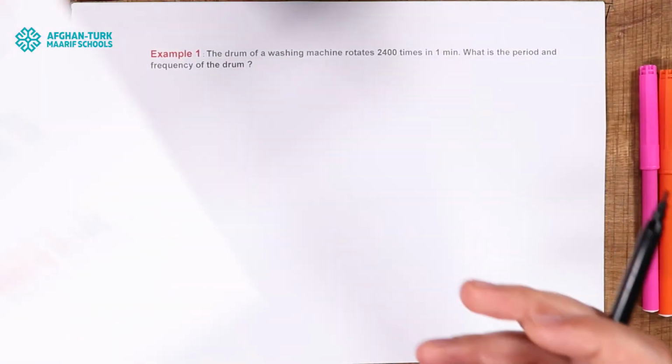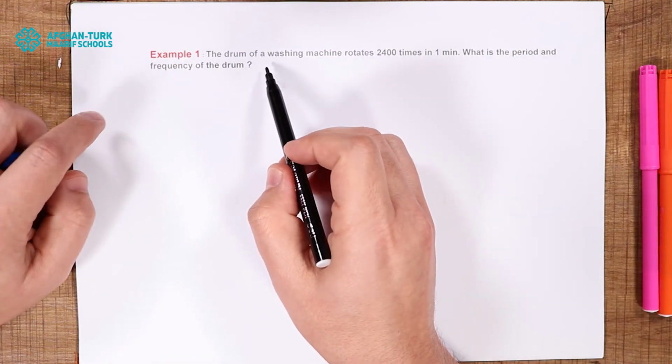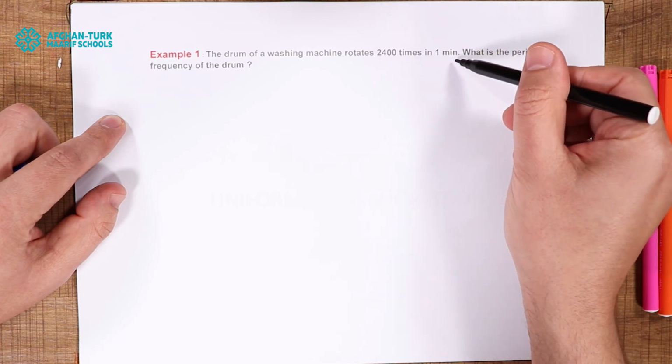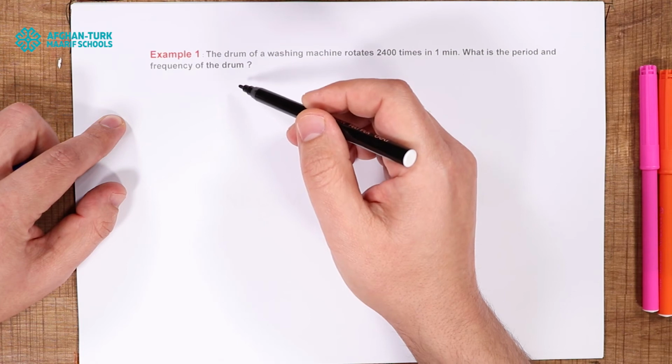Let's see the question. The drum of a washing machine rotates 2400 times in 1 minute. What is the period and frequency of the drum?